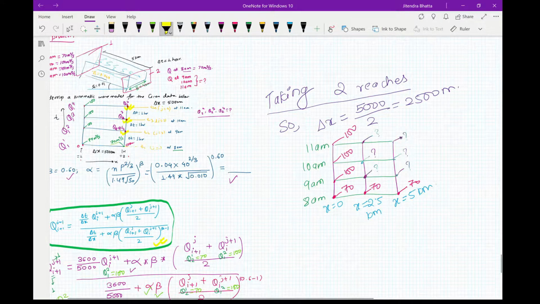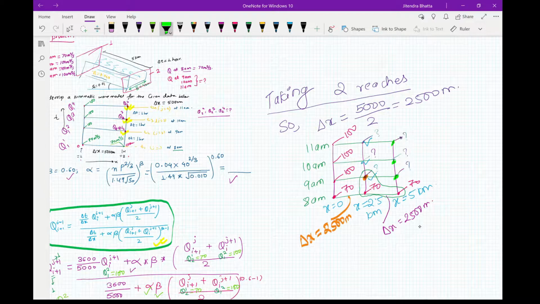So for this you will have to solve like we did here in the example by taking delta x equals 2500 meters, and then you'll get this one, this one and this one. Then you have to follow a similar procedure again by taking delta x equals 2500 meters, but you'll be solving using these three values here to get this point here.